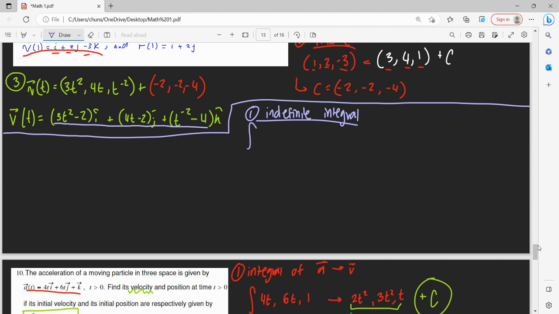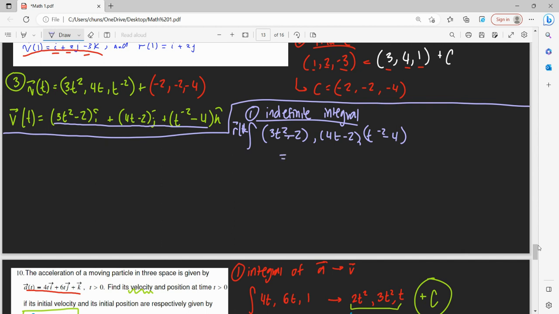So that means we have 3t squared minus 2, 4t minus 2, and t to the negative 2 minus 4.